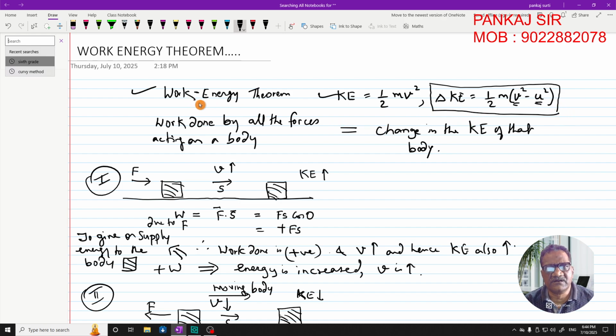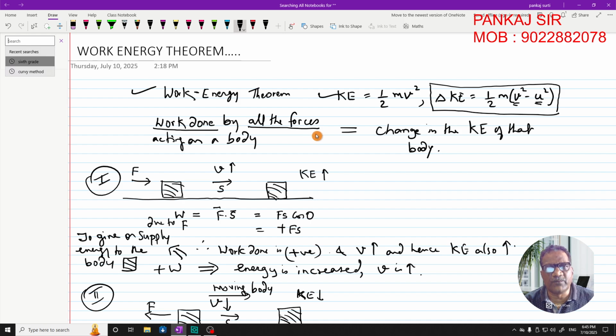Now let us try to find out the work done by a force acting on a body. And before that, let me tell you what the work energy theorem is. Work energy theorem states that the work done by all the forces acting on a body, I repeat, all the forces, so you are not going to leave a single force.